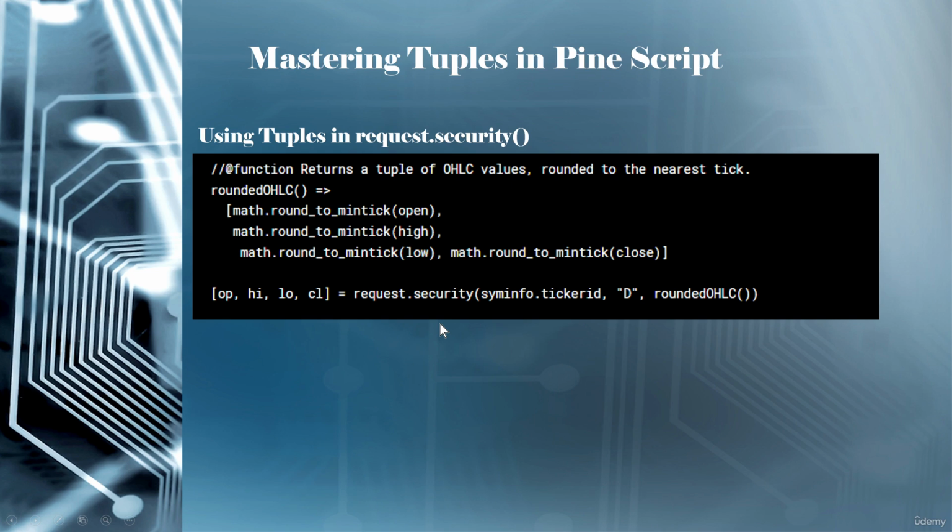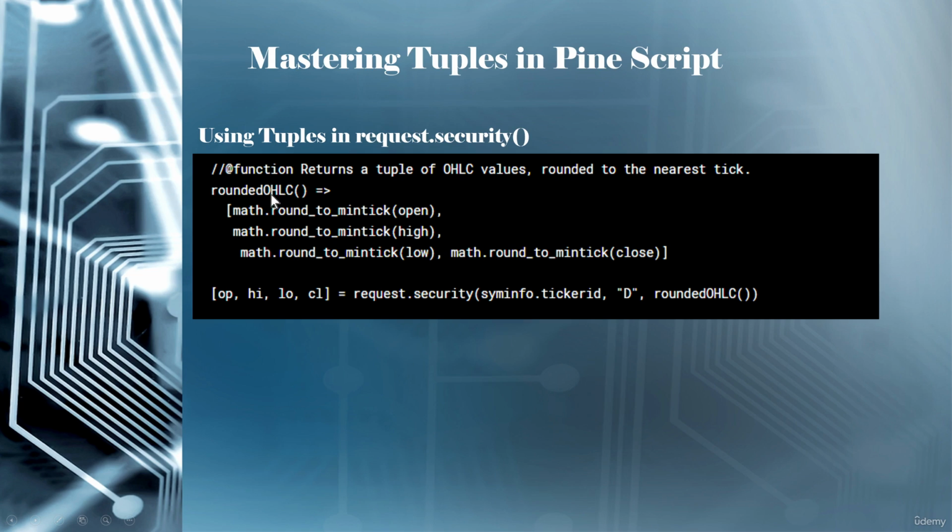Now let's study how to use tuples in Request.Security function. Tuples are useful for requesting multiple values in one Request.Security function call. Here is an example how to use tuple and rounded OHLC function. Here we can see defined function rounded OHLC that returns a tuple of 4 values: rounded open, rounded high, rounded low, and rounded close value.